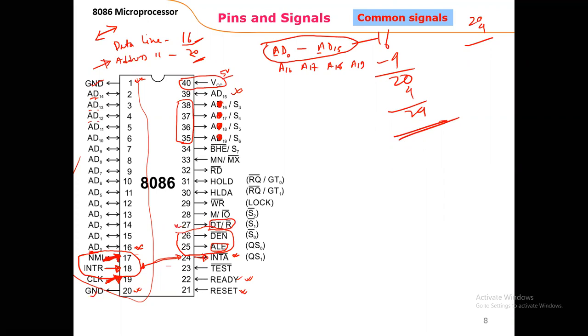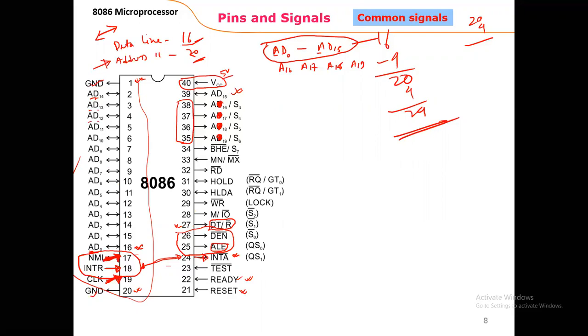DT means data transmit. If this pin is high, then data is transmitted on your data bus. You know that the data bus is bidirectional, data incoming and outgoing. And the receive signal is high, meaning pin 27 is low.